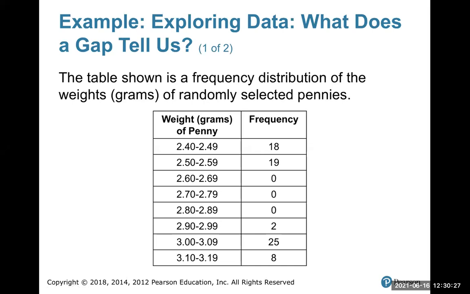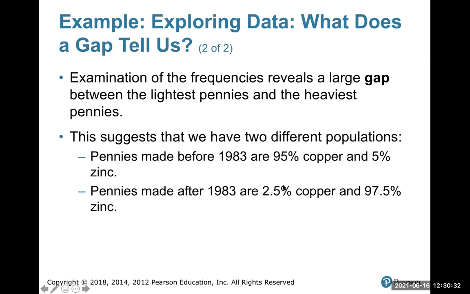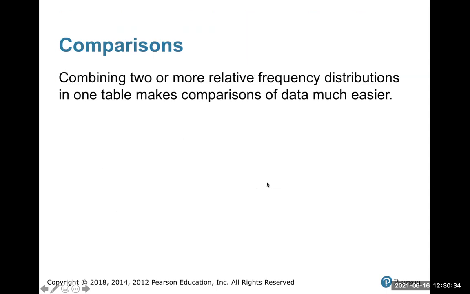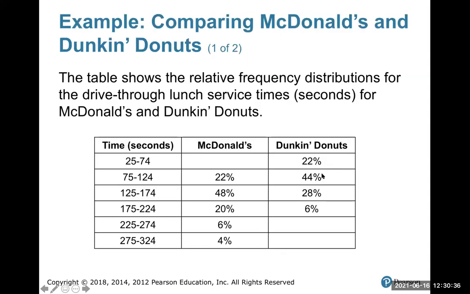Okay. So I just wanted you to be familiar with decimals as well. Look at here, sometimes we use frequency tables and graphs to compare. So in this case, the time for lunch services, they are comparing lunch services at McDonald's versus Dunkin' Donuts.